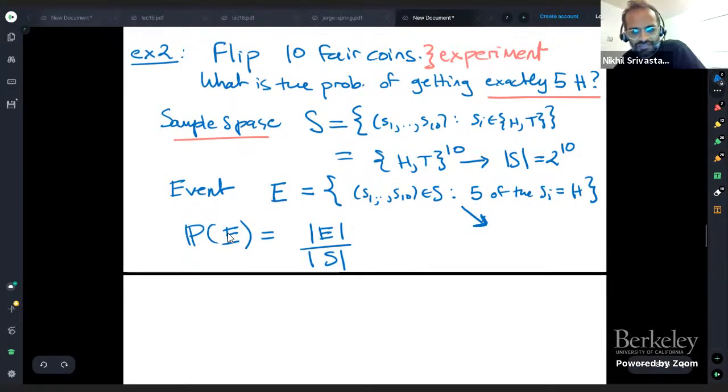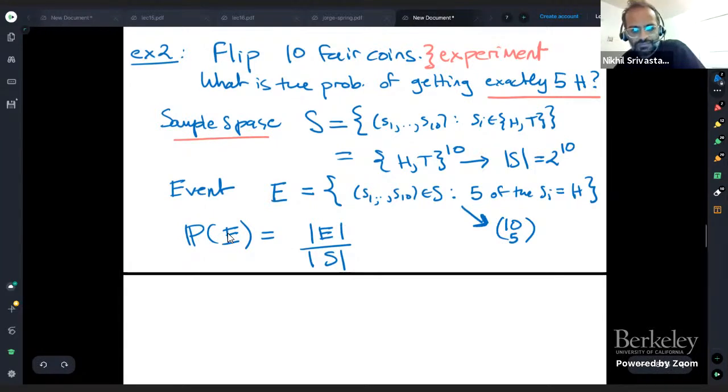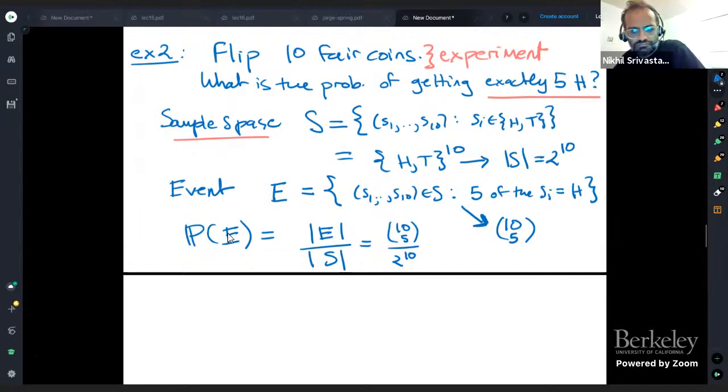Does anybody see something they've seen before here? It's the number of 10-bit strings with 5 ones. So 10 choose 5. Yes, 10 choose 5. And so the answer is 10 choose 5 over 2 to the 10, which, I don't actually know what it is. It's decently large.